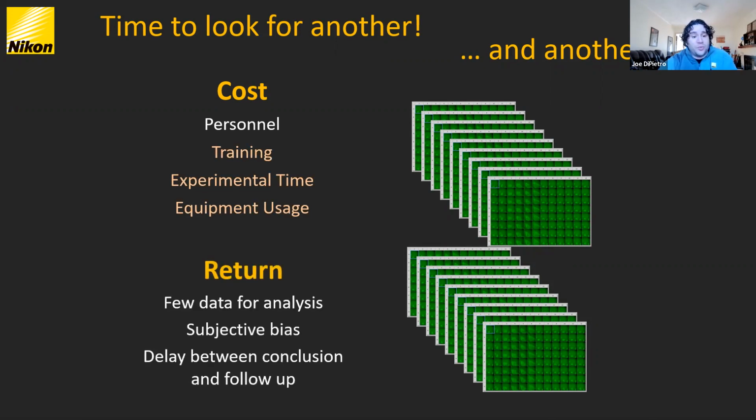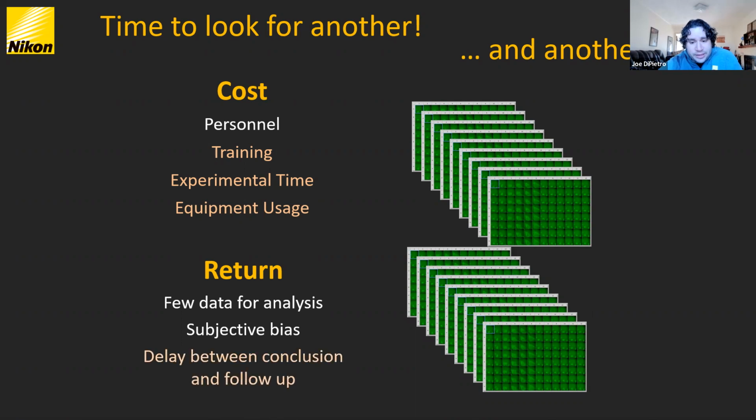Maybe it takes days or weeks to get the number of images that you need. Sometimes the sample that you have has the capacity to produce more data, but the sample goes bad by the time you're able to collect all of that data because you spend so much time looking through it, finding the things that you need.